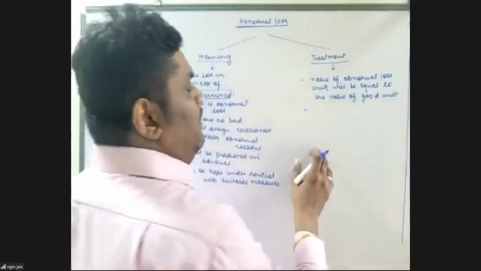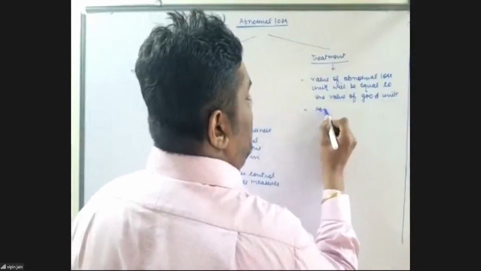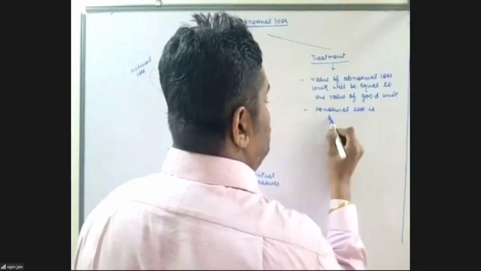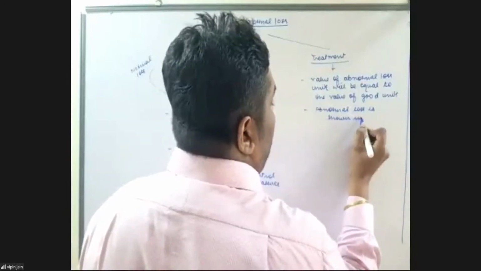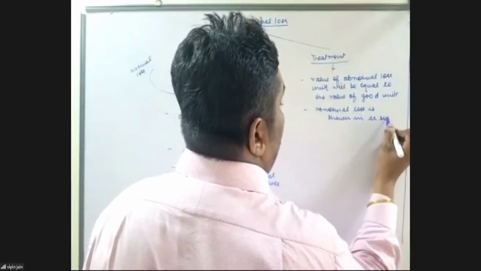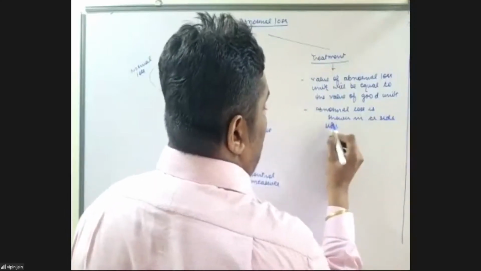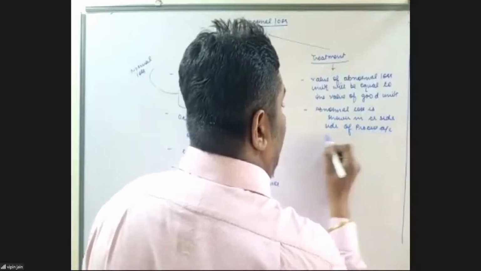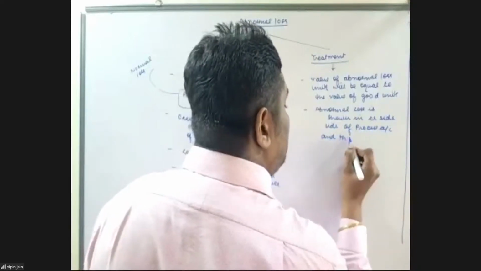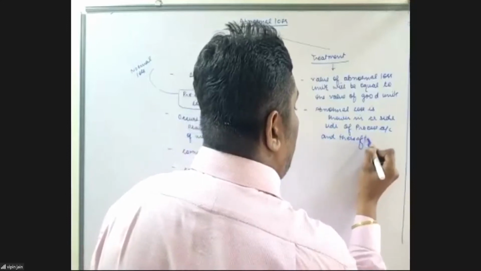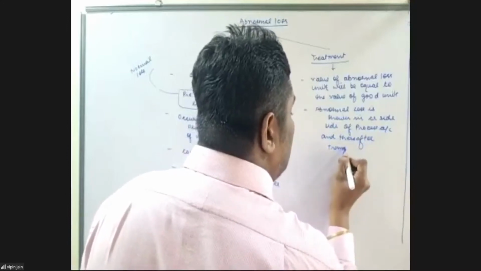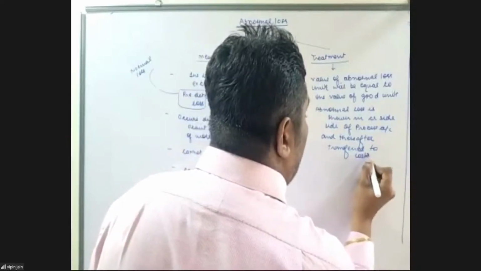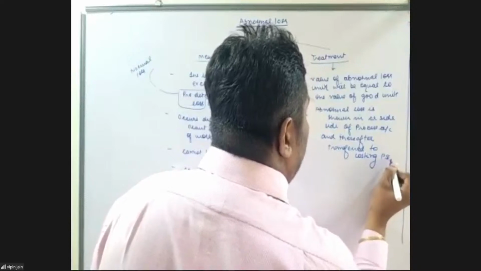Further, the abnormal loss is shown in credit side of process account and thereafter transferred to costing P&L.